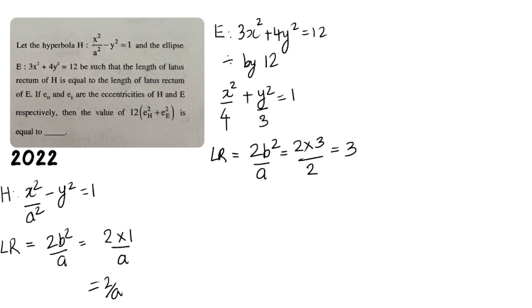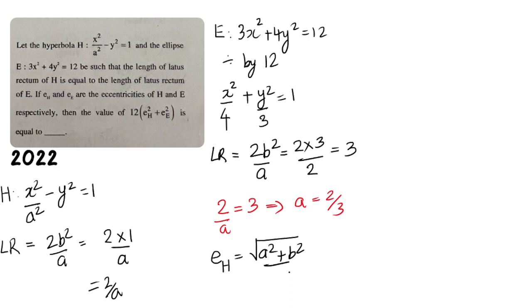The question they have given, the value of latus rectum of hyperbola and ellipse are same. So we'll write 2a equals 3, which implies value of a will be 2 by 3. Now the eccentricity of hyperbola's formula, that is root of a square plus b square by a.